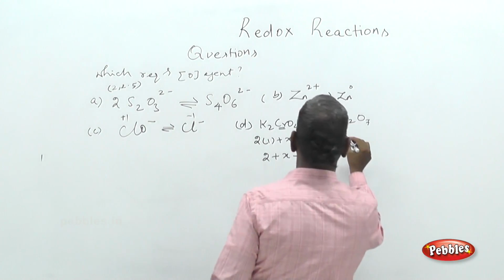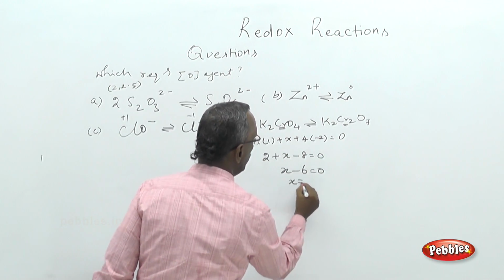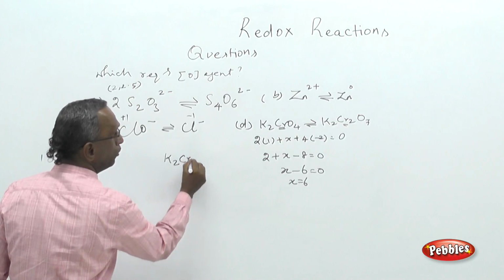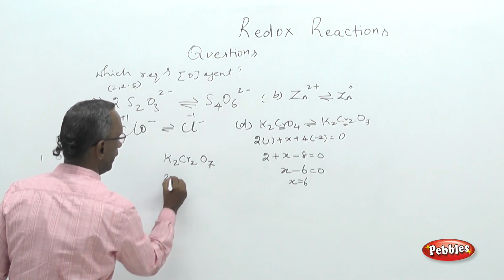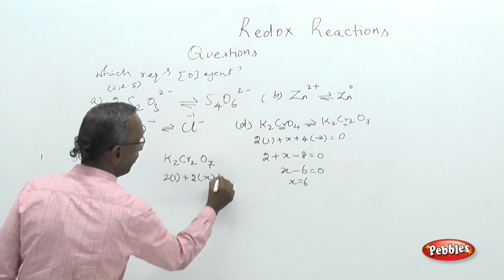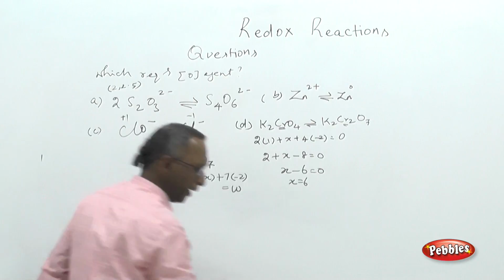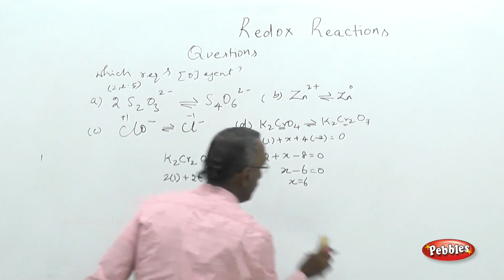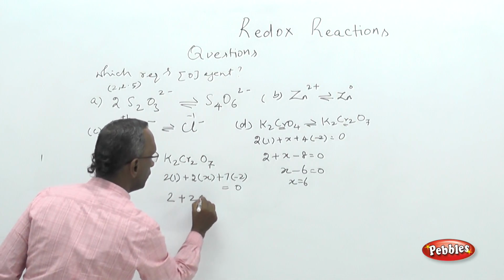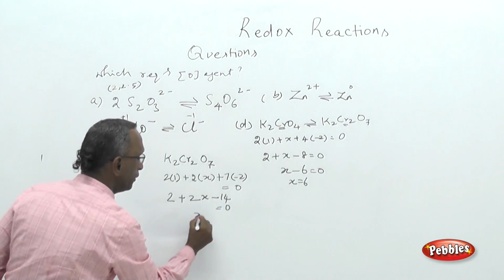So x minus 6 equals 0, or x equals 6. On the product side we can also check, for K2Cr2O7: 2 times 1 plus 2 chromium atoms, each with unknown oxidation state x, plus 7 times minus 2. It is a neutral compound, so its value is 0. So 2 plus 2x minus 14 equals 0. So 2x minus 12 equals 0, x equals 6.